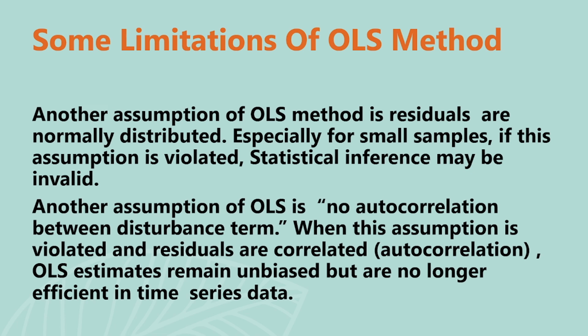Autocorrelation means that residuals are correlated, but OLS method always considers that there is no autocorrelation between disturbance terms. When this assumption is violated and residuals are correlated, it means that autocorrelation appears in a model. OLS estimates remain unbiased but are no longer efficient in time series data.